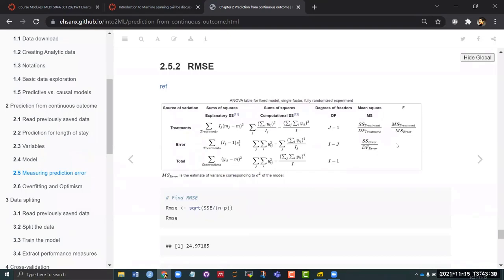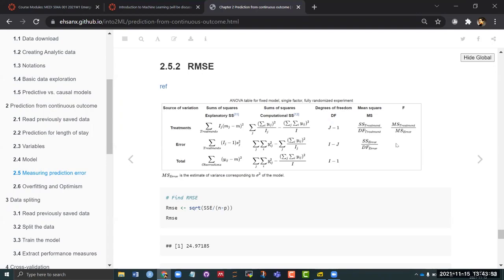The other measure we can use for prediction accuracy is called the root mean squared error. Anybody familiar with analysis of variance here? This is a slightly different version of regression that statisticians sometimes use.